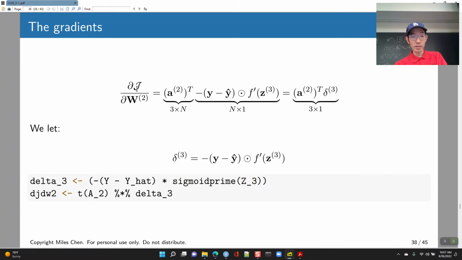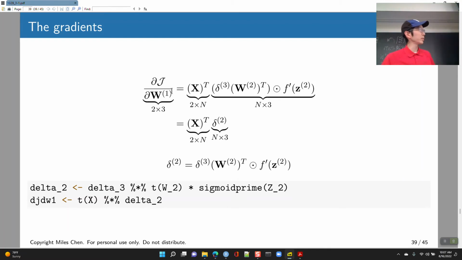And then the derivative dJ/dW2 is the transpose of a2 matrix multiply delta 3, okay? This part being delta 3. It felt like a lot of work to get here, and it was, but once we got it, turning it into code actually isn't a huge leap.